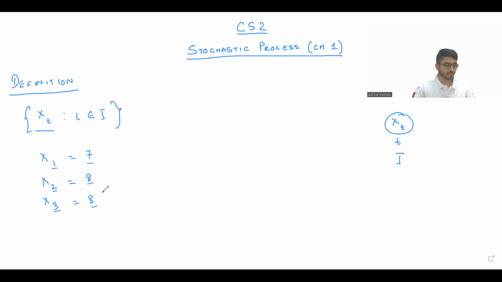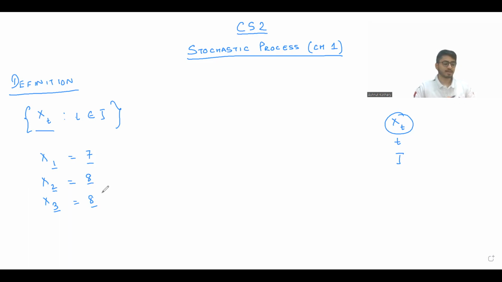Next, give the heading: classification of stochastic process. So now, as I mentioned, the state space or the time set could either be continuous or discrete, and this will lead to 4 primary combinations: discrete-discrete, discrete-continuous, continuous-discrete, and continuous-continuous.